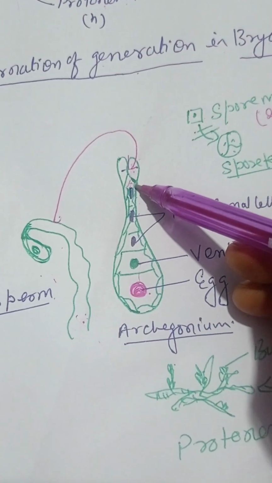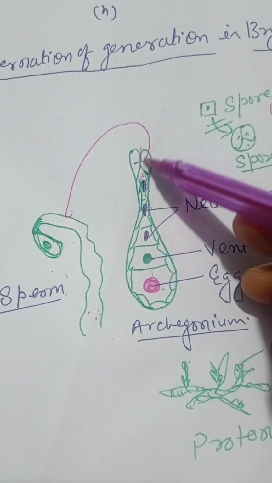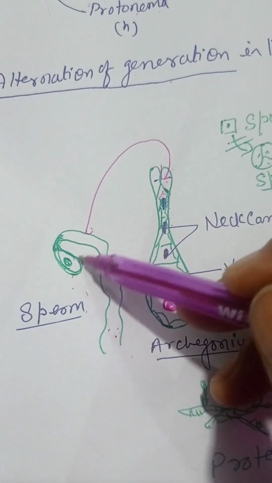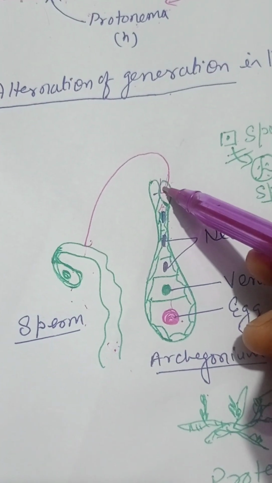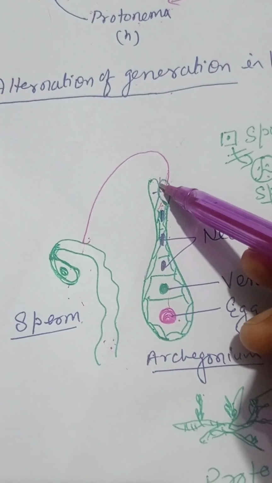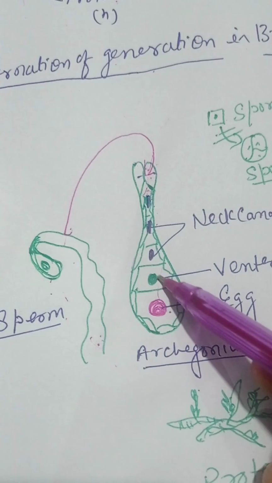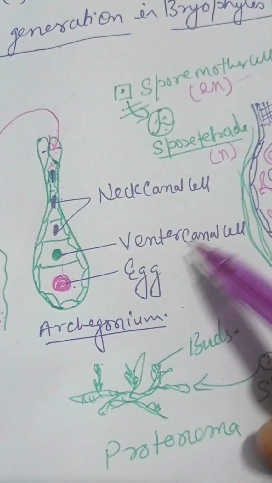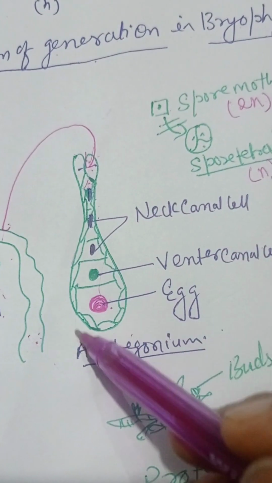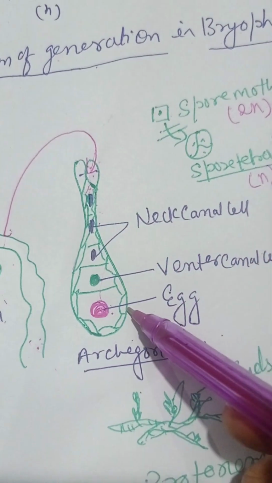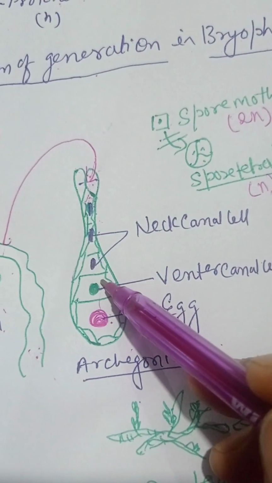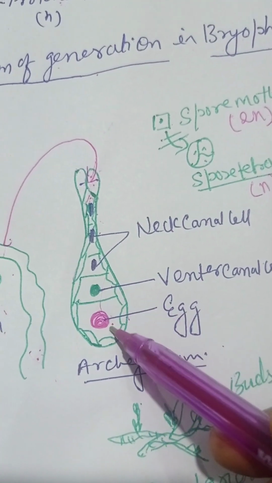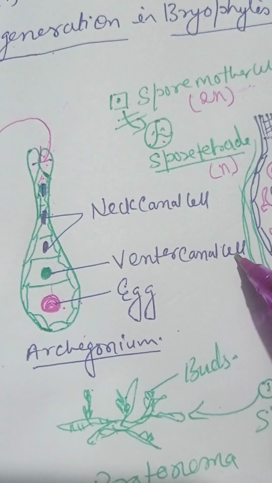When they get matured, they get disorganized, and they secrete certain substances to attract the sperm. Here we can see two important cells, the venter canal cell and the egg. So this Archegonium has the neck and the venter, the two parts. The neck has the neck canal cells, and in the venter there are two cells, the egg and the venter canal cell.